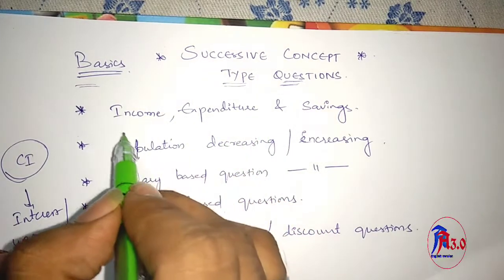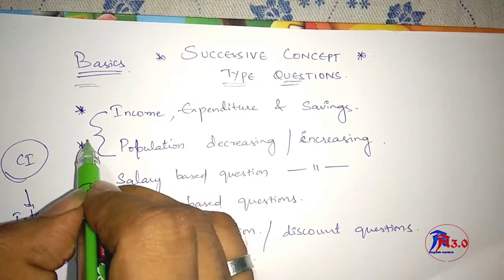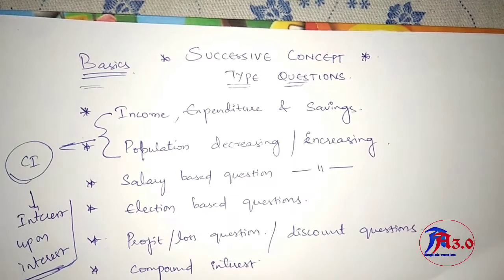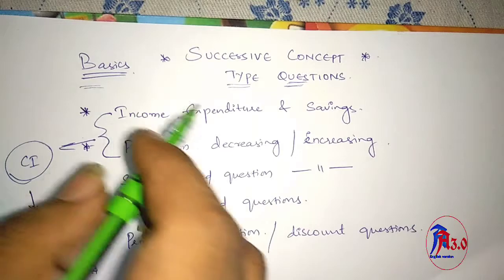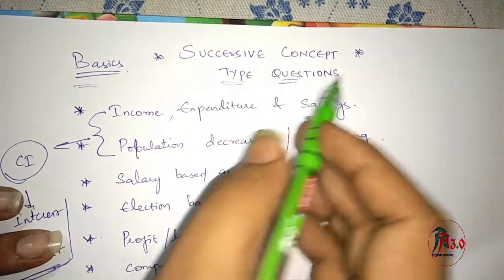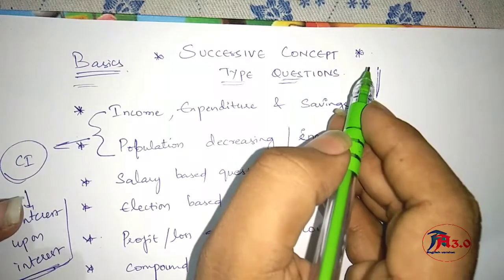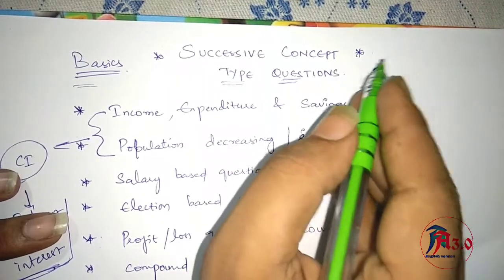Today let us see income expenditure questions with deep information. You have to watch the complete video to have the knowledge of ratio method. Actually, what I'm going to do is I'm going to use the formula also, and I'm going to tell you two more best methods.